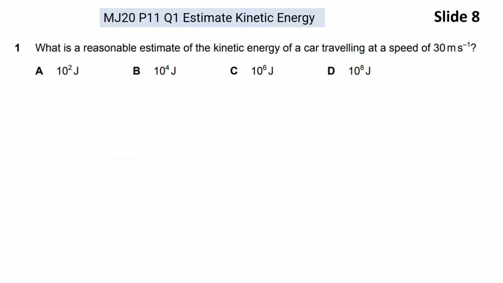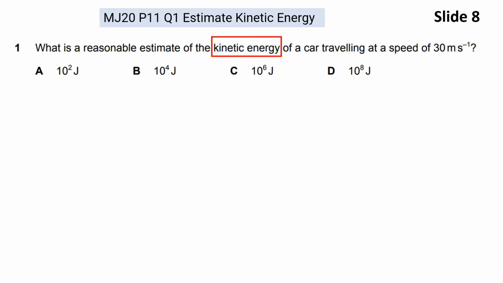Now, slide 8, the second question is, what is a reasonable estimate of the kinetic energy of a car traveling at a speed of 30 meters per second? Couple things that we need to look at. First off, it is asking the kinetic energy. So in this case, we need to know the formula for the kinetic energy.